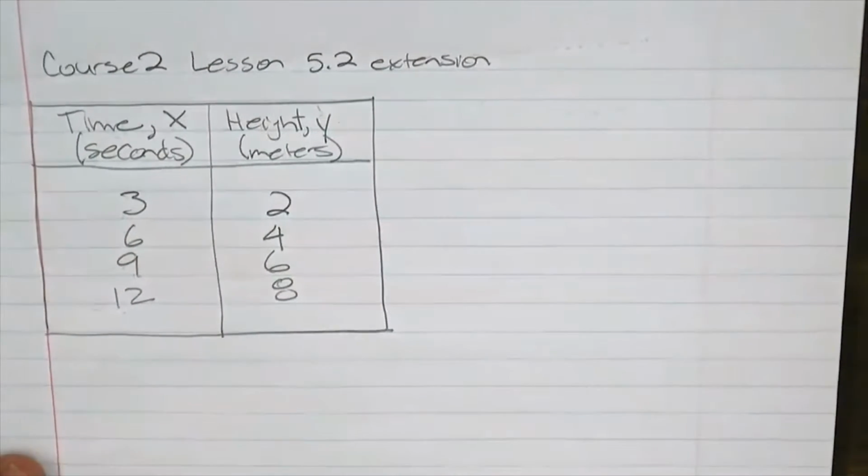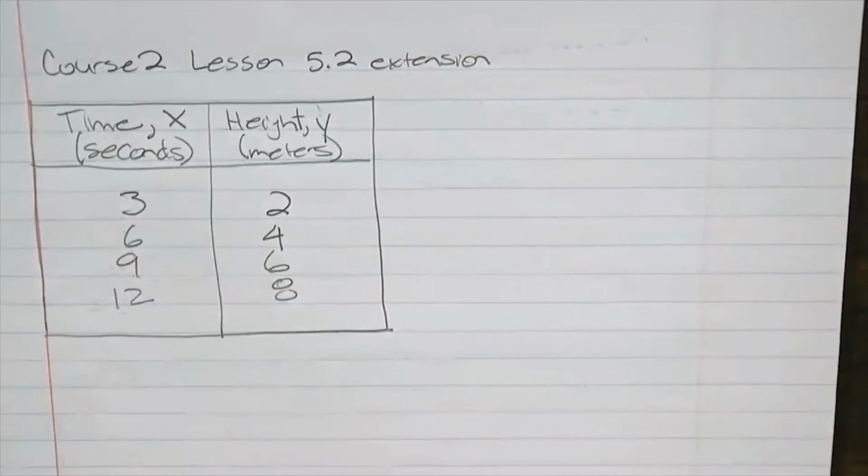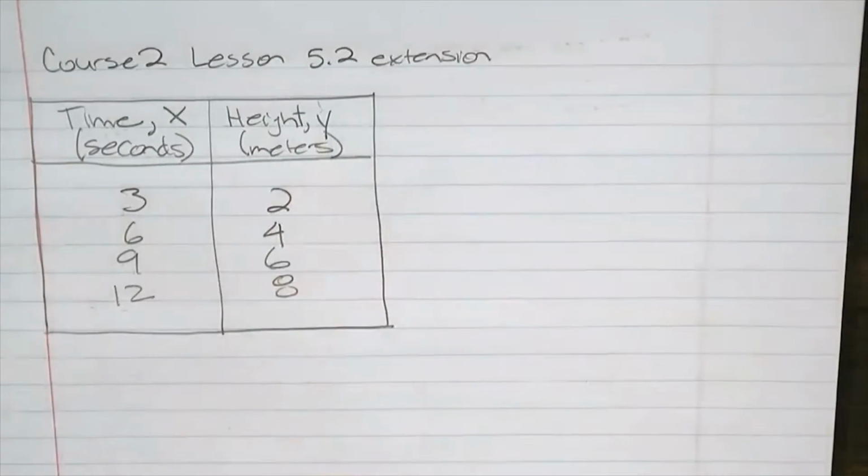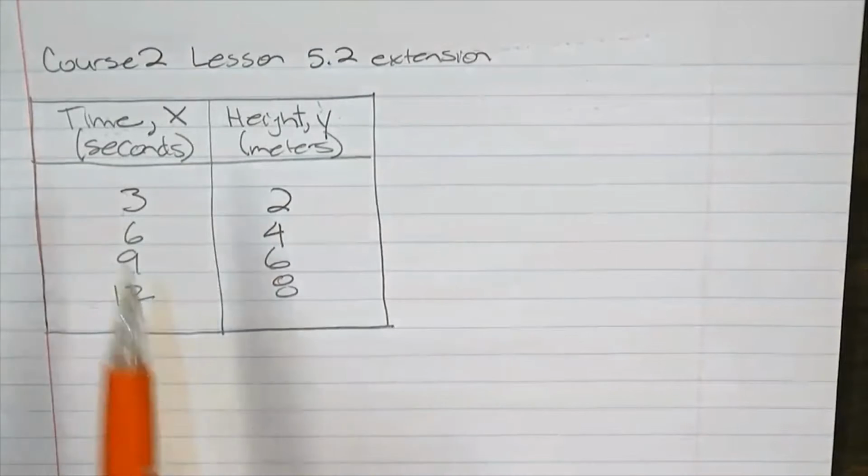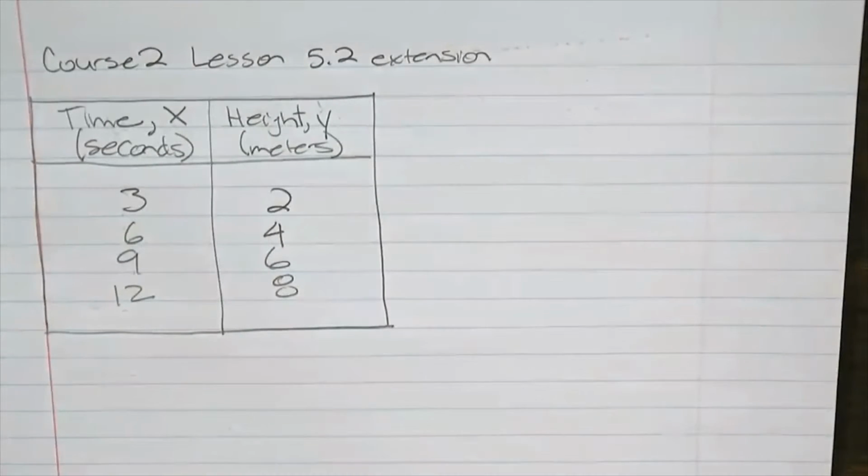So the book is giving us this table. Okay, we want to know, are X and Y in a proportional relationship? Or are time and height proportional?